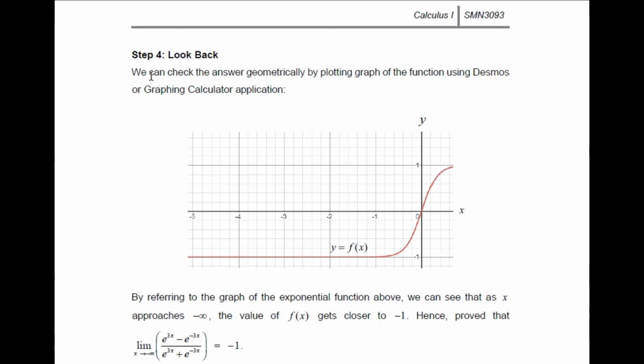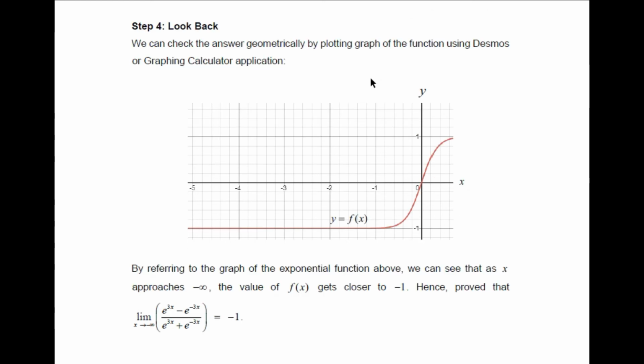For step 4, we can check the answer geometrically by plotting the graph of the function using Desmos or a graphing calculator application. Okay, this is the graph of the function, and we can see that as x approaches negative infinity, the value of f(x) gets closer to negative 1.